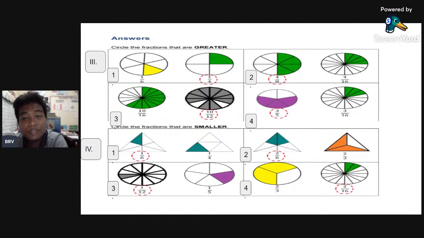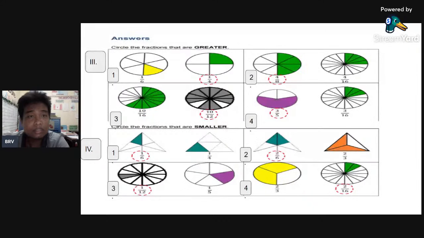Number 4, 3/5 is greater than 3/16. Now the smaller ones: 1/6 is smaller than 1/4. Number 2, 2/6 is smaller than 2/3. Number 3, 1/12 is smaller than 1/5, and then 2/16 is smaller than 2/3.